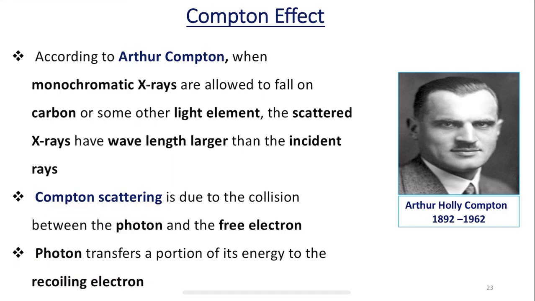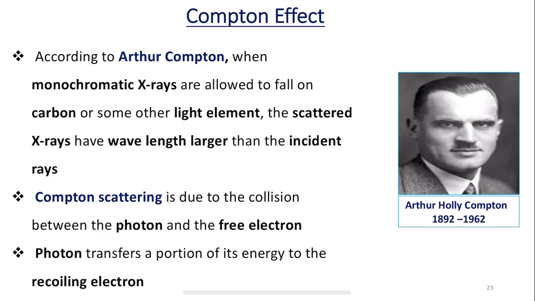Therefore, Compton scattering is due to the collision between the photon and the free electron. The scattered rays have a wavelength larger than the incident rays, so they have lower energy than the incident rays.